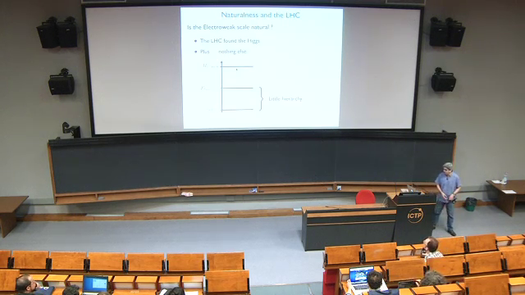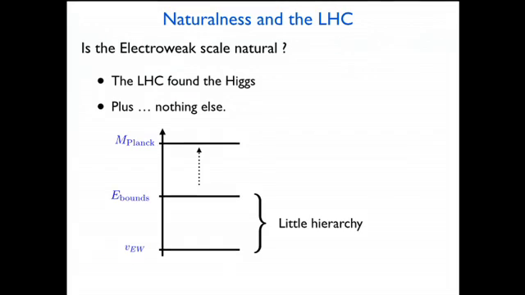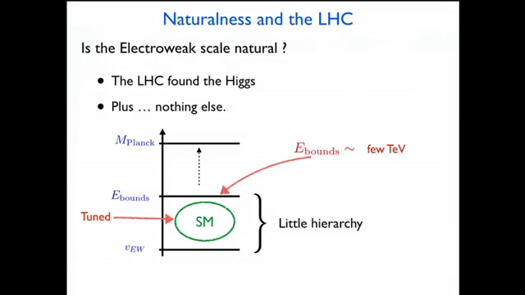And then the question is, we have already even experimentally seen that we have the weak scale, but then there is a scale determined experimentally by direct and indirect bounds, which is already at the few TeV scale here, which is telling us that what we have in this gap between the weak scale and a few TeV is the standard model, but it's tuned to some extent.